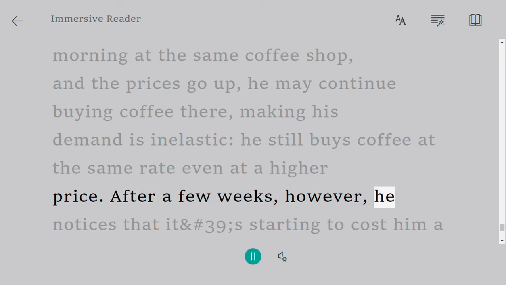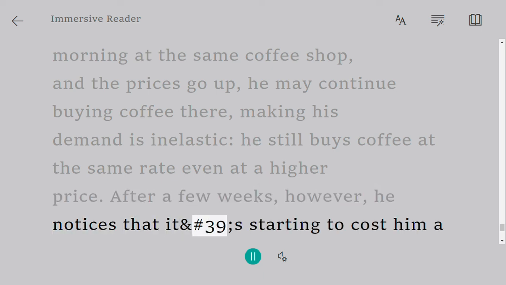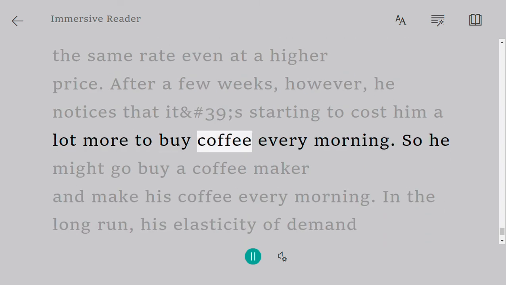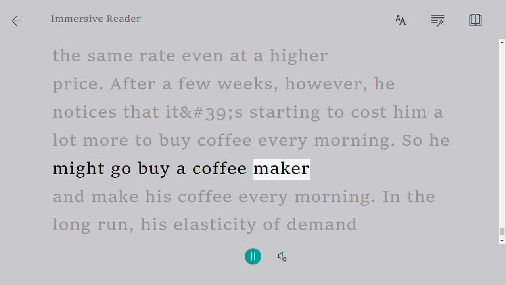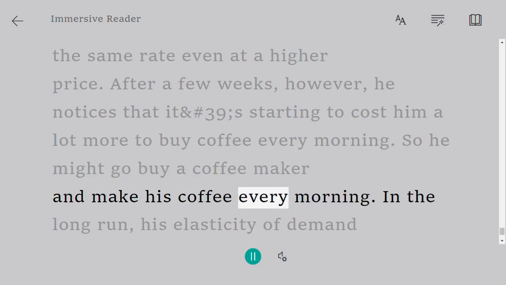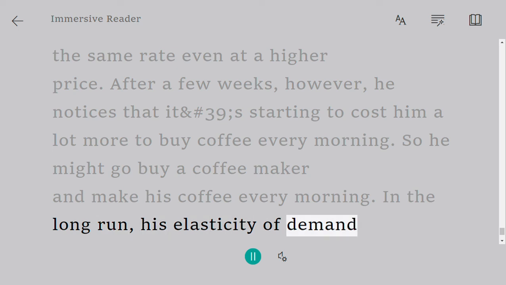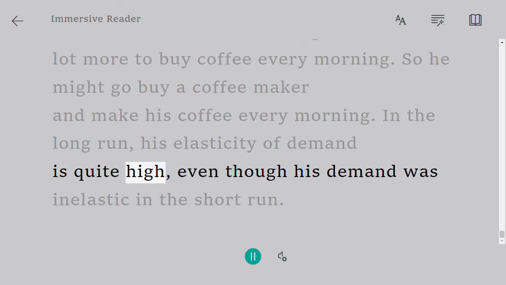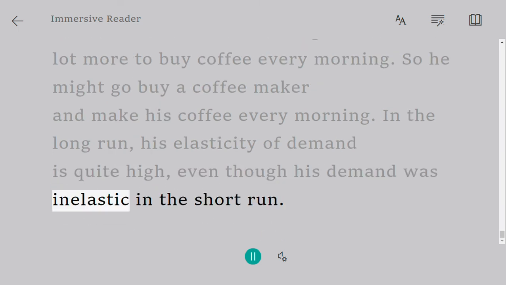After a few weeks, however, he notices that it's starting to cost him a lot more to buy coffee every morning. So he might go buy a coffee maker and make his coffee every morning. In the long run, his elasticity of demand is quite high, even though his demand was inelastic in the short run.